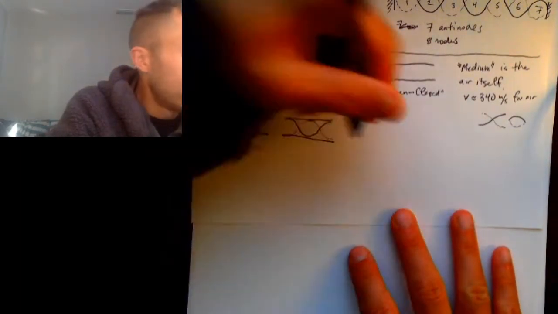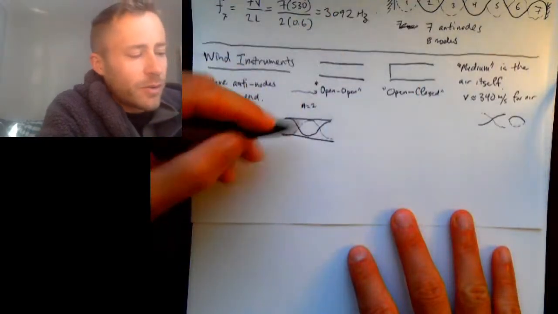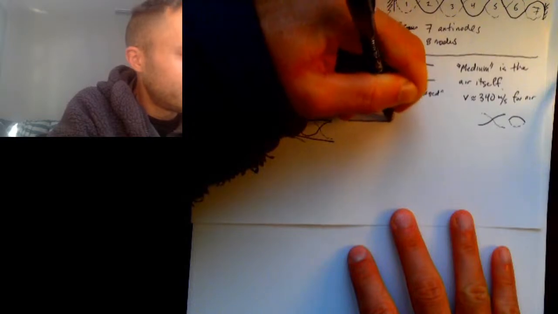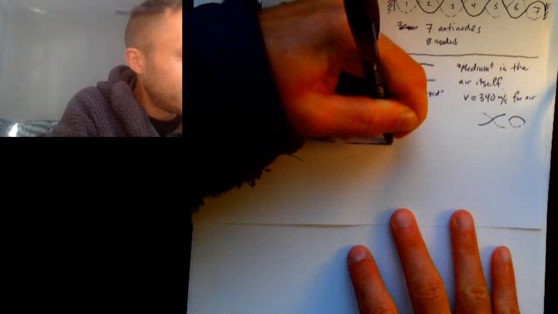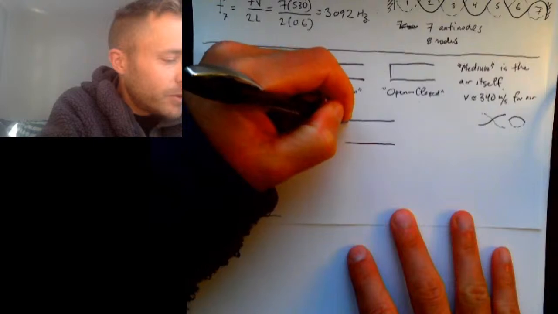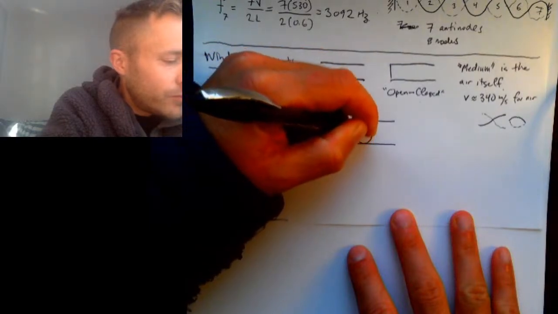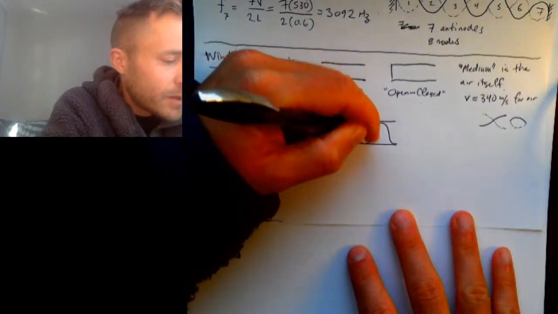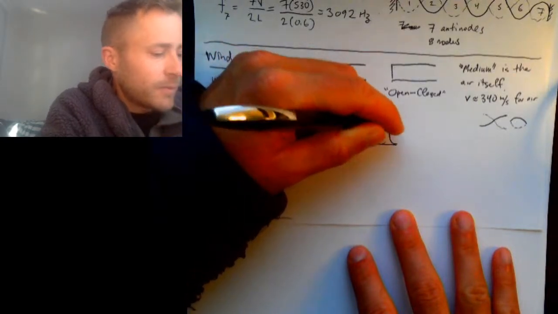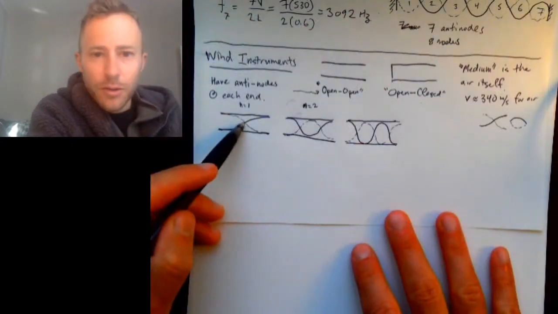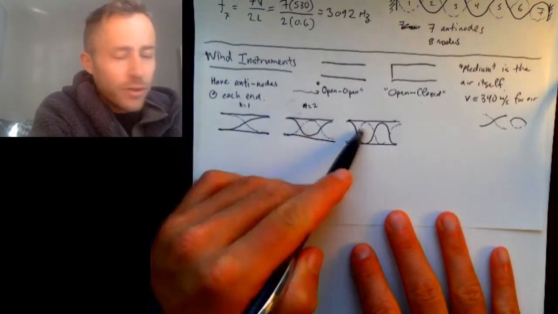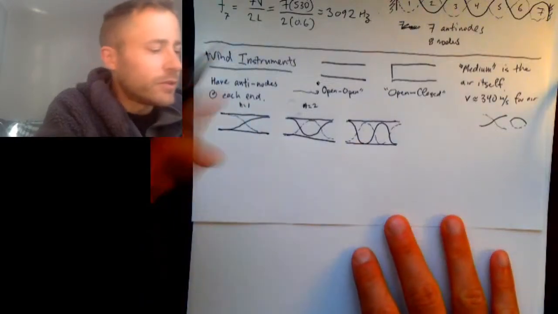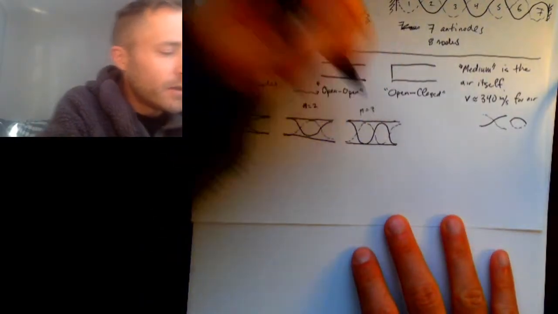All right. Then to go to the next harmonic, I would insert another football in the middle. So it's going to be that. So here I have no footballs in the middle. Here I have one football in the middle. Here I have two. So this is the third harmonic. And I'll draw one more.